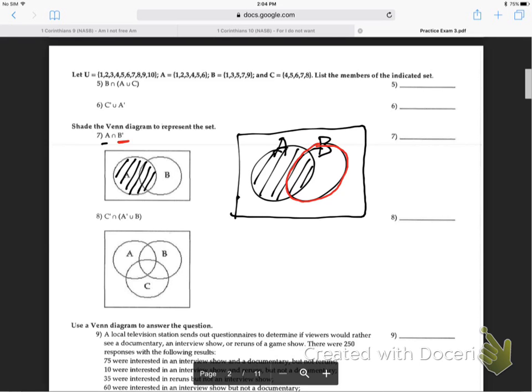It has nothing to do with A. Literally all the not B territory should be shaded. Does that make sense there? How I did all the not B, everything outside of circle B.